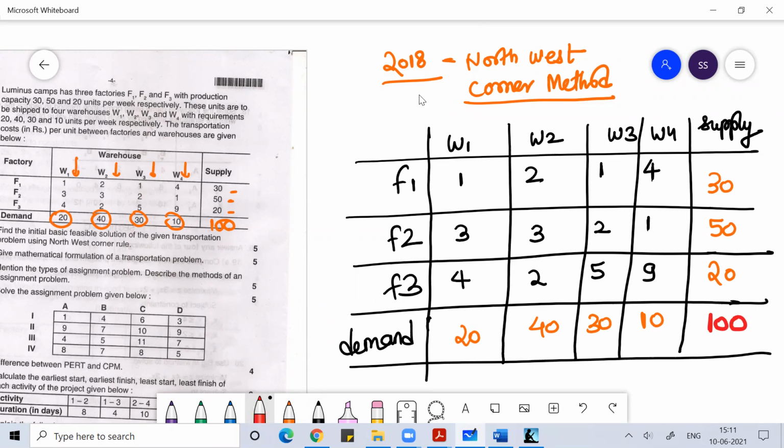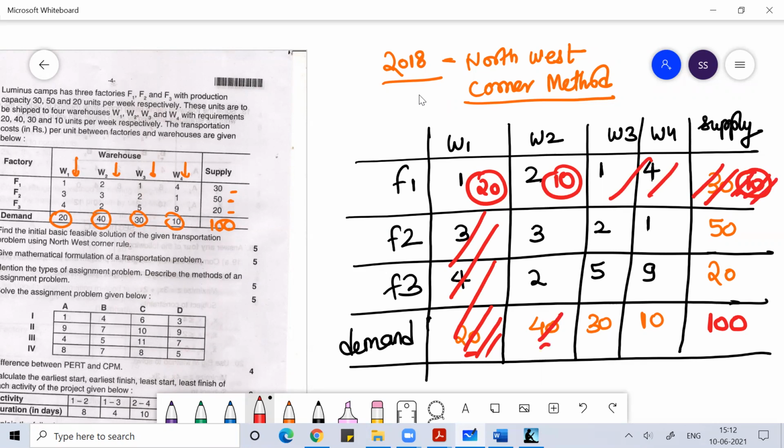So now you can see, guys, whenever you use the northwest corner method, you start from the first cell. The demand is 20, the supply is 30, so you put 20 here, and this becomes 10. Then you put 10 here, this gets cancelled, this becomes 30, then you put 30 here, and it becomes 20.